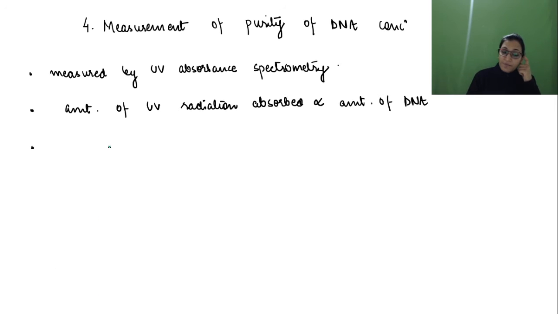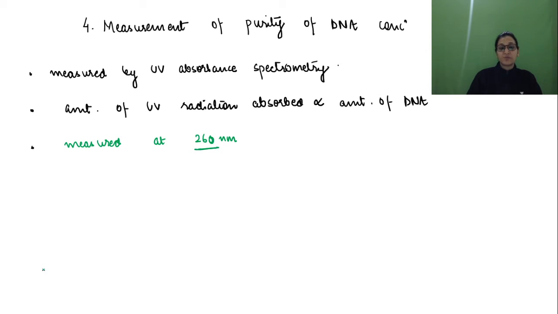Usually the absorbance is measured at 260 nanometer. At this wavelength, an absorbance of 1 corresponds to 50 microgram of double stranded DNA per ml.